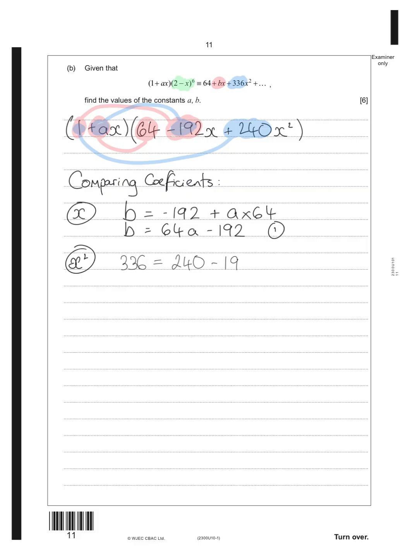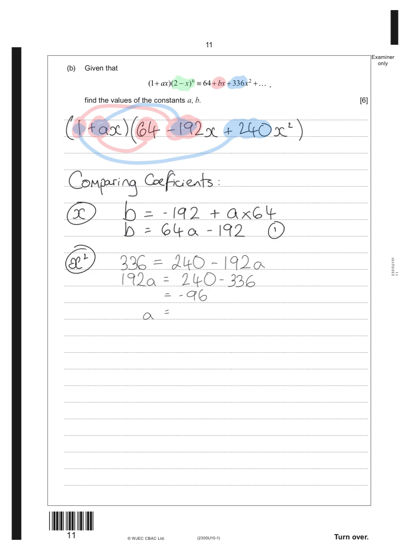So minus 192a. So I can say that 192a equals 240 minus 336, which gives minus 96.